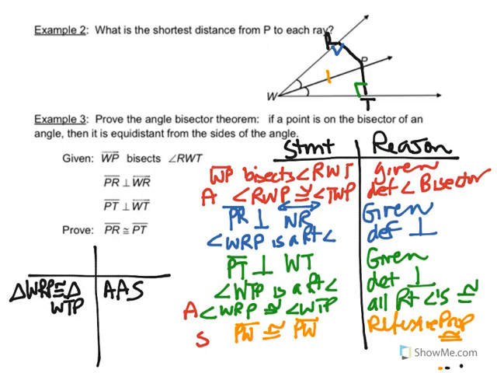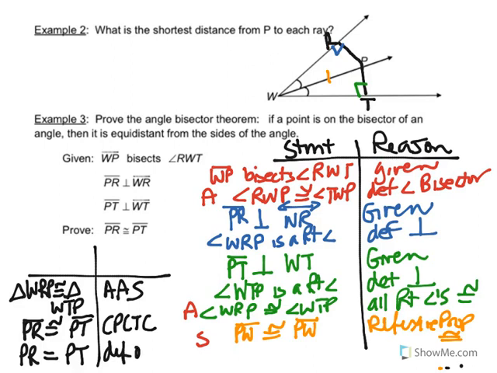And so now that we know that, we can say that PR is congruent with PT by CPCTC, and therefore PR is equal to PT, definition of congruent segments.